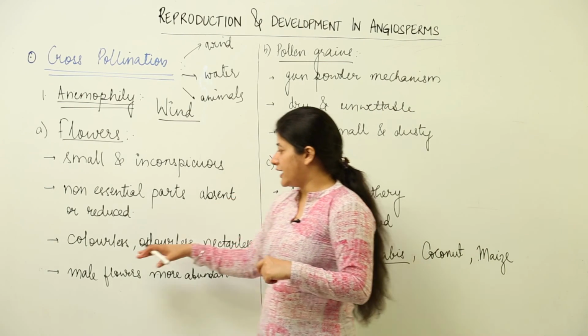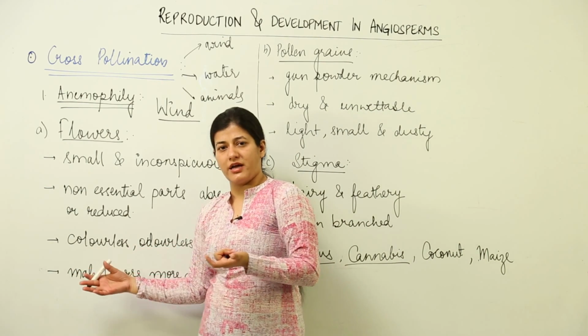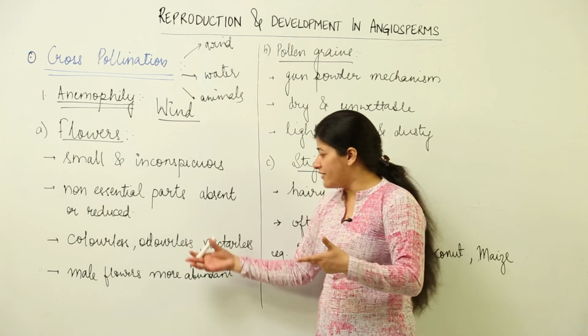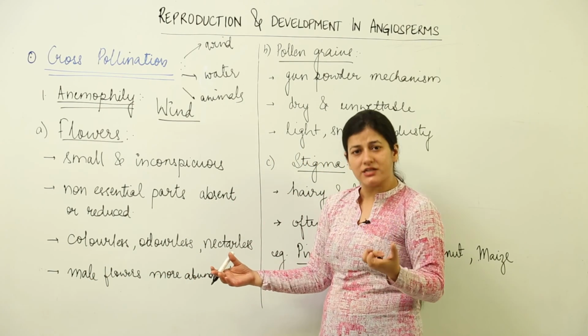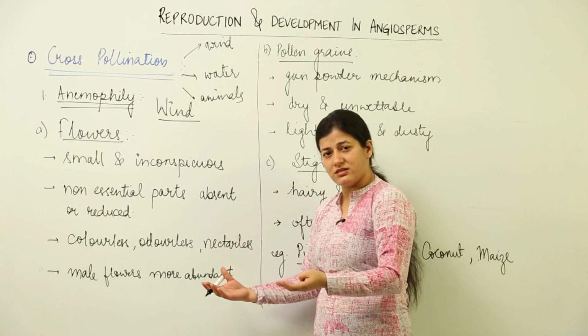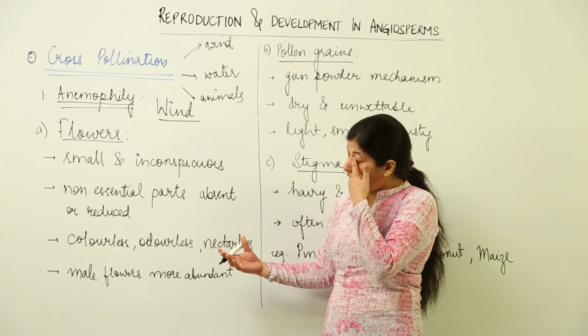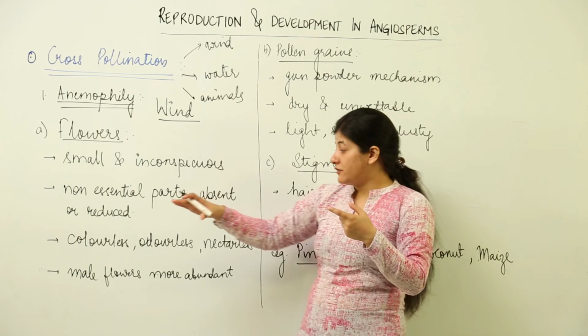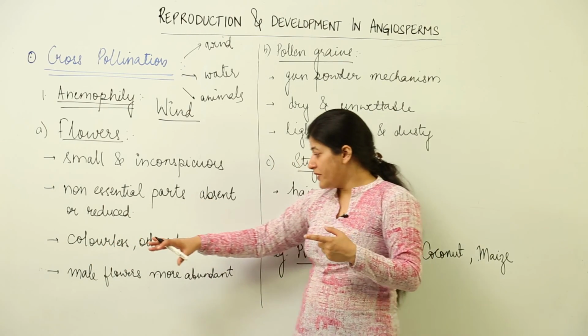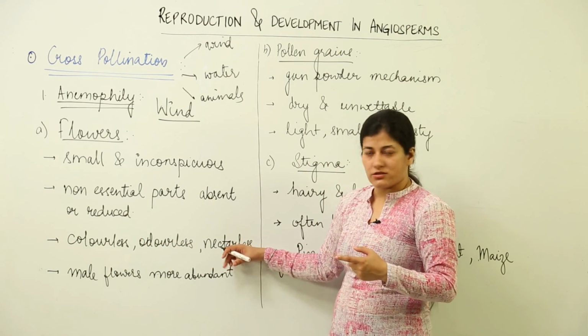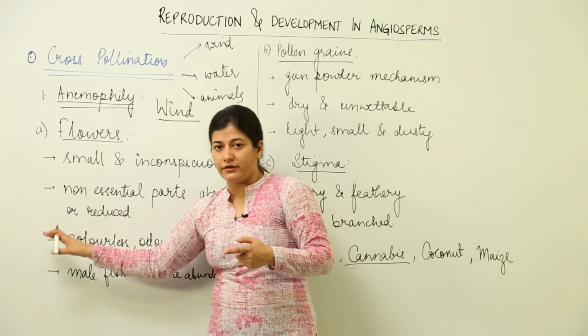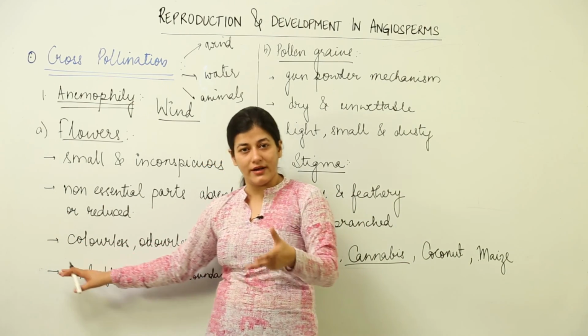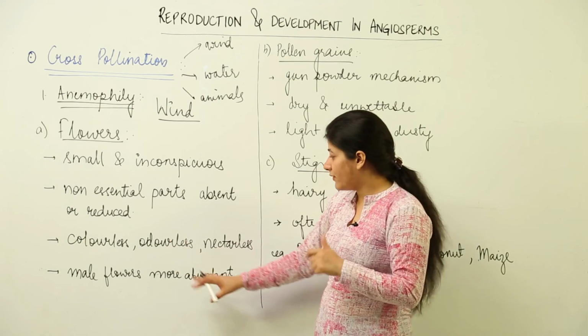And the next characteristic is, because the flower does not have the liability of attracting the insect towards itself, because its dependence is on wind, which is an abiotic factor, the flowers are usually colorless, odorless and nectarless. So all the characteristics which are required for attracting an insect or an animal are almost absent.